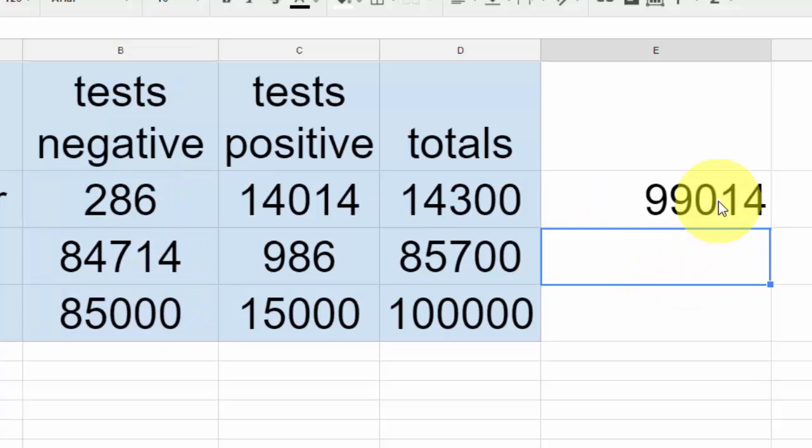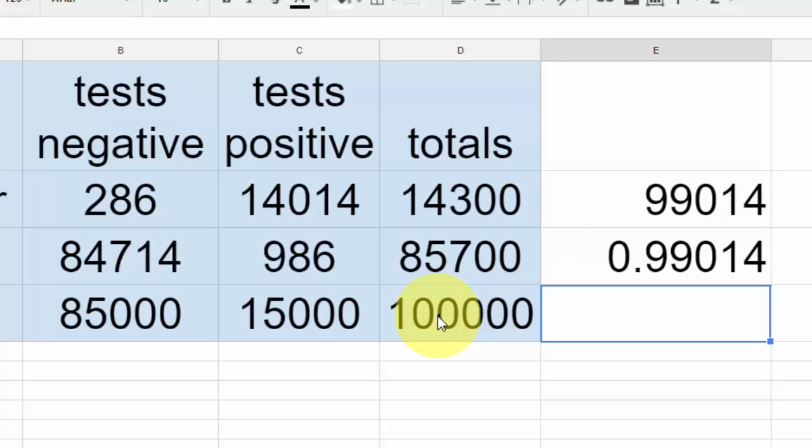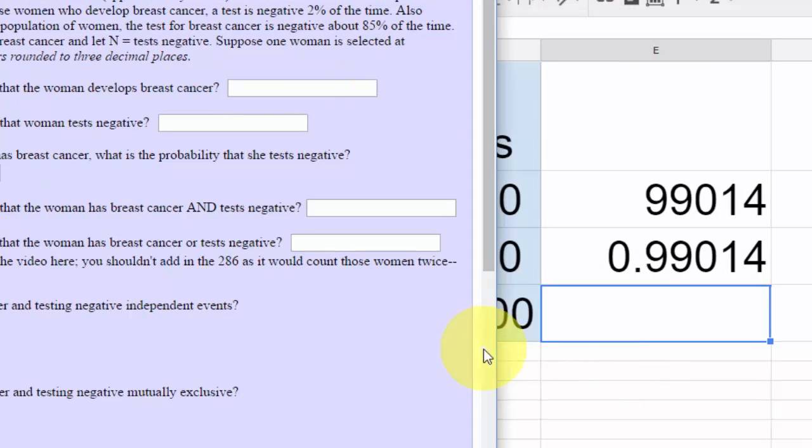So the total number that either have breast cancer or test negative is this quantity, and then the probability that goes along with that is what we get when we take this and divide it by the number of women in the population. So that is the answer to the fourth probability.